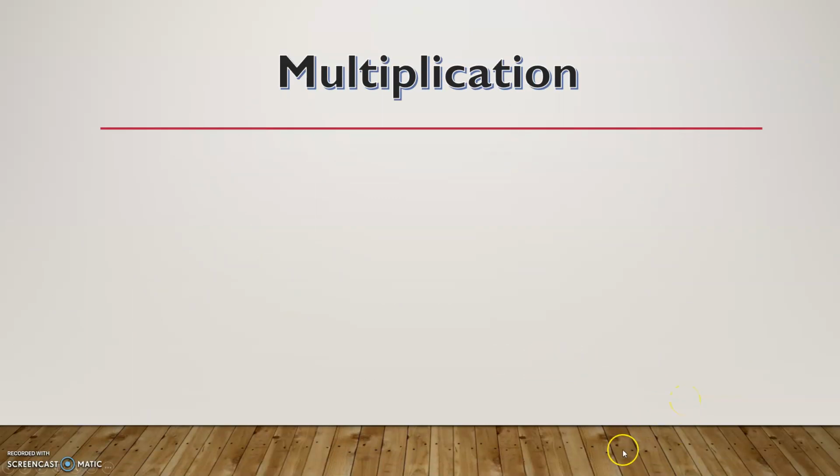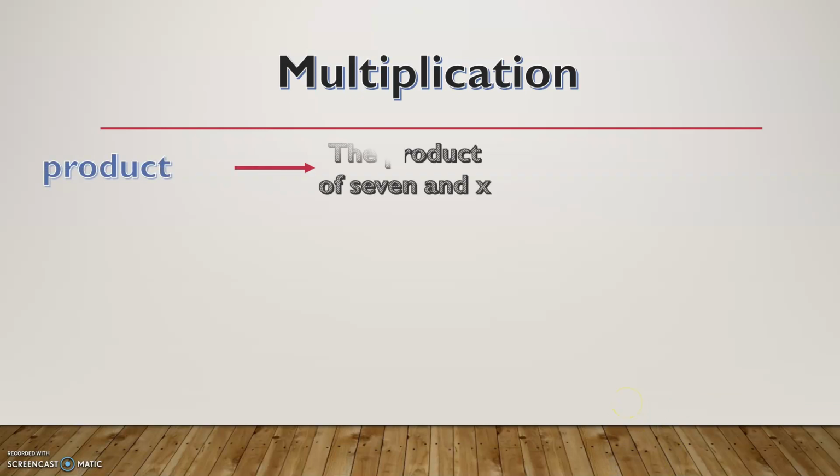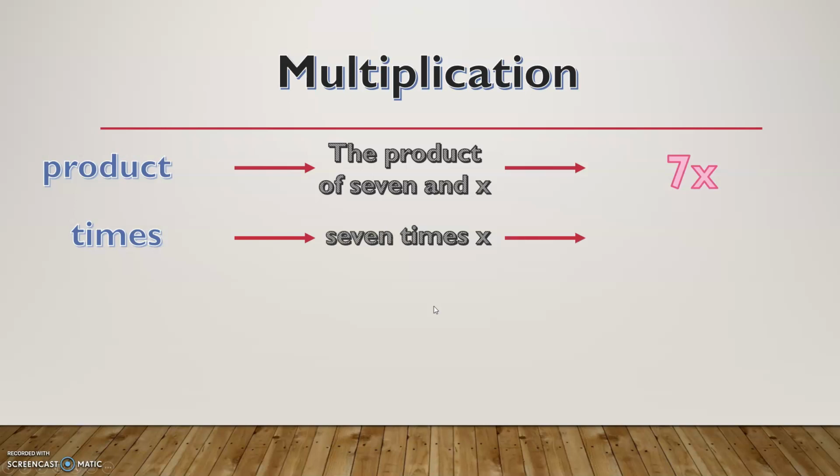Next one. Multiplication. The word product. With the word product, the product of 7 and x is simply shown as 7x. The number comes first before the variable when it is just a product. Next, we have times. 7 times x is simply 7x.